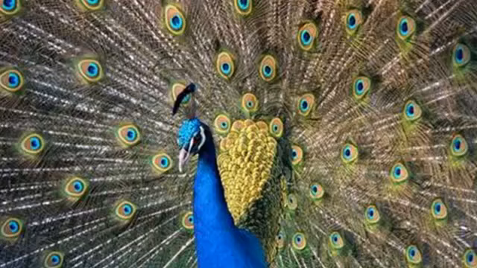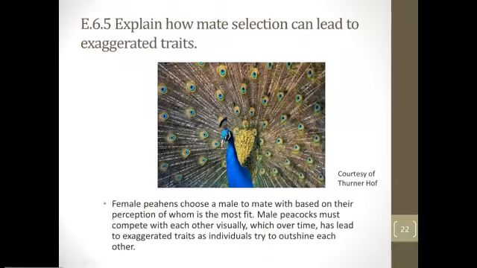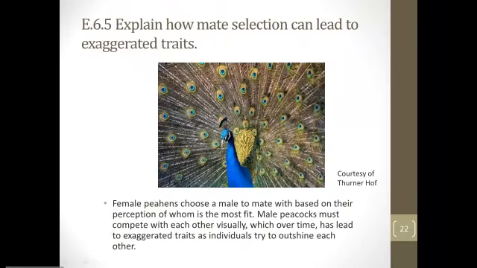And the reason why is because they're hoping that they're going to be more noticed by the females than the other males. So over time you have this evolutionary arms race where peacocks are getting more and more exaggerated in their presence and trying to outdo each other. So there's a selective pressure for favoring increased exaggeration of male traits in the peacock.